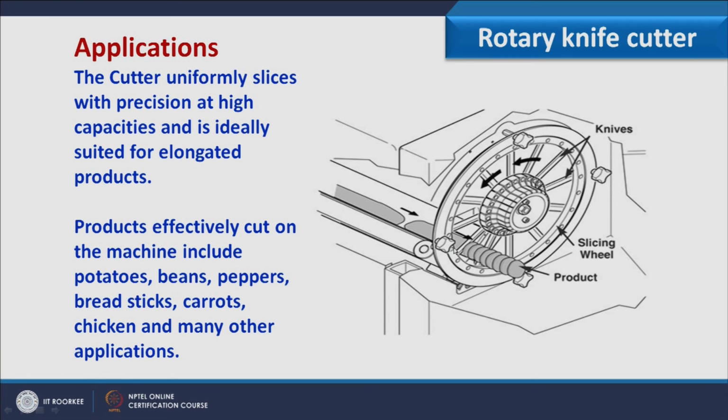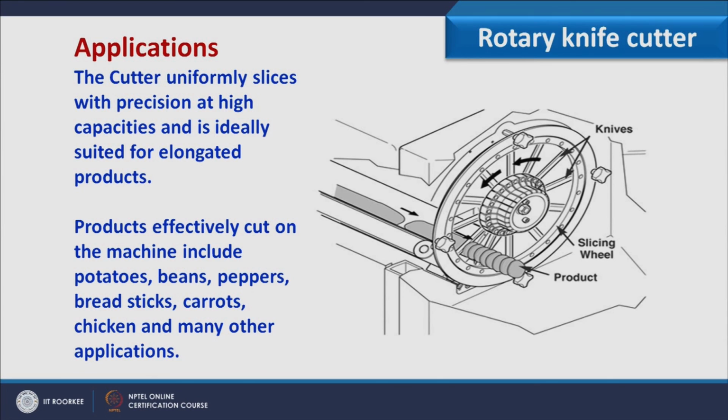So, basically this kind of cutter is required when we want a product of definite size. Its application: the cutter uniformly slices with precision at high capacities and is ideally suited for elongated products.